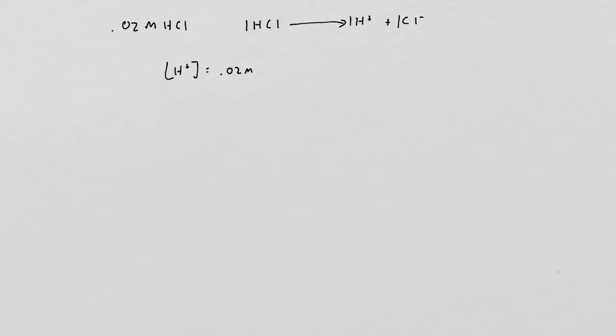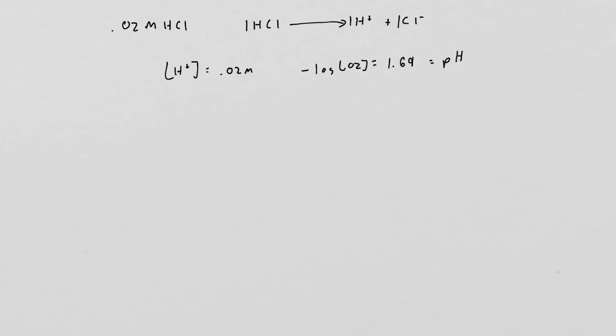Now, what I can do is take out my calculator and take the negative log of this value. So if I do the negative log of 0.02, the number I get is equal to 1.69. And that's my pH.